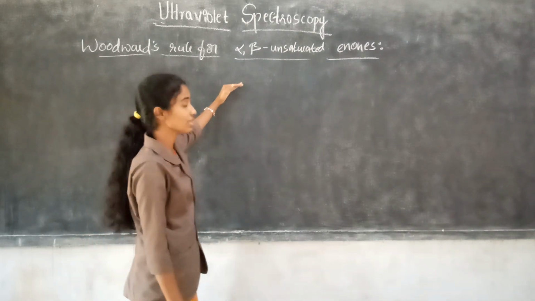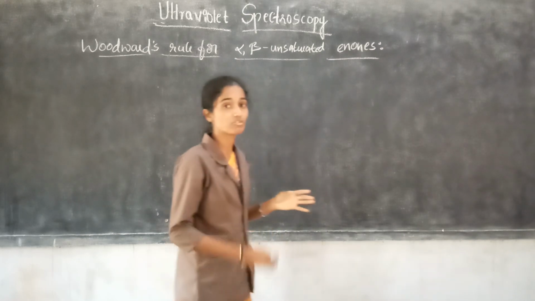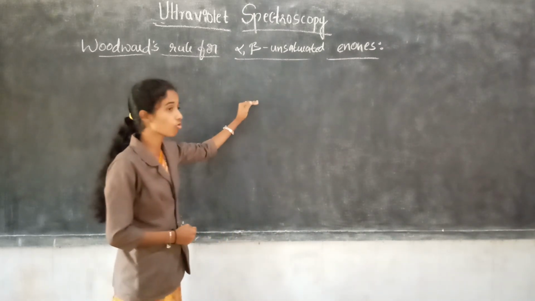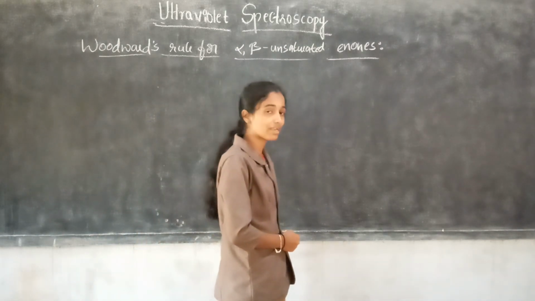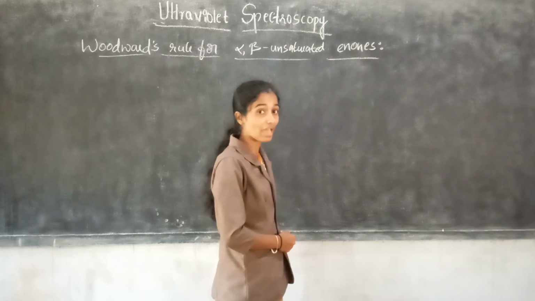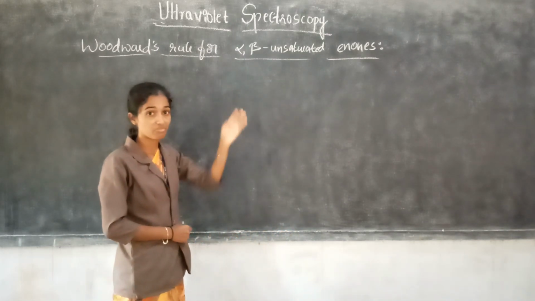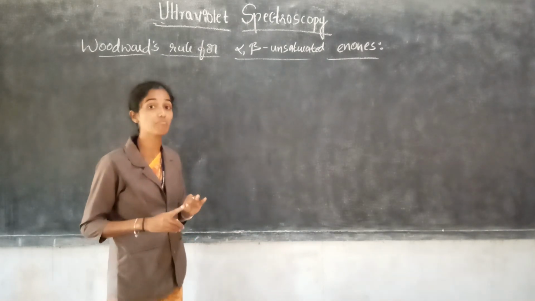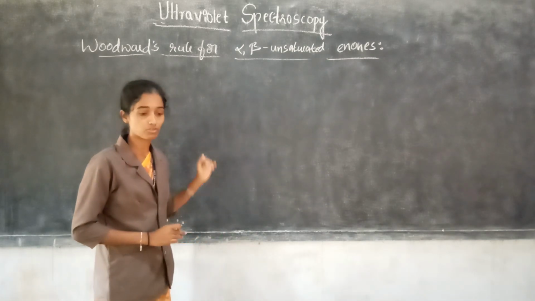He took some particular compounds and assigned different values. Parent chromophores he considered are ketones, acids, aldehydes or esters, whereas substitutions, depending on whether they are at alpha, beta, gamma or delta position, he gave different values.